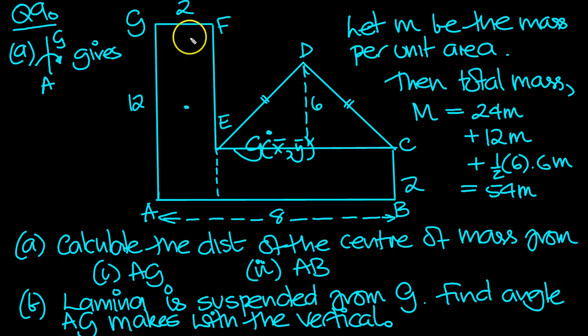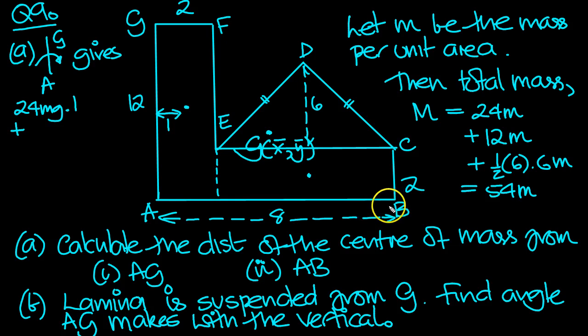This is 24m times this distance here, which is 1. So 24 mg, because that's the weight, mg, times 1.